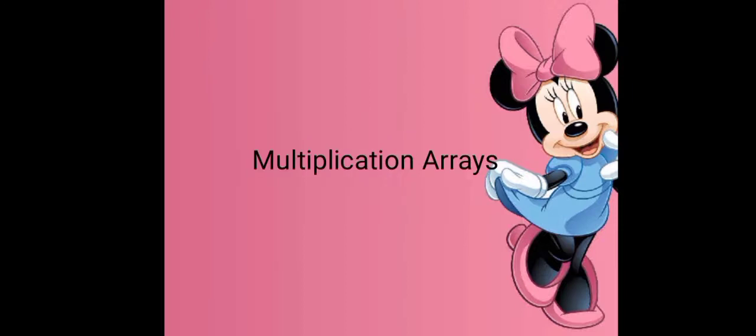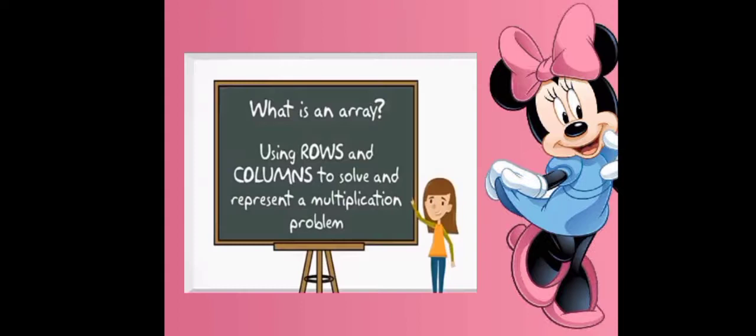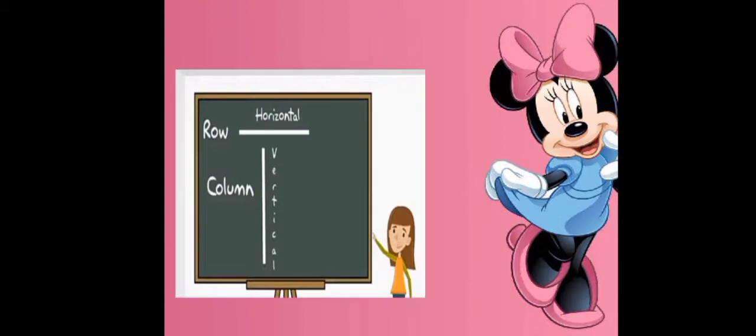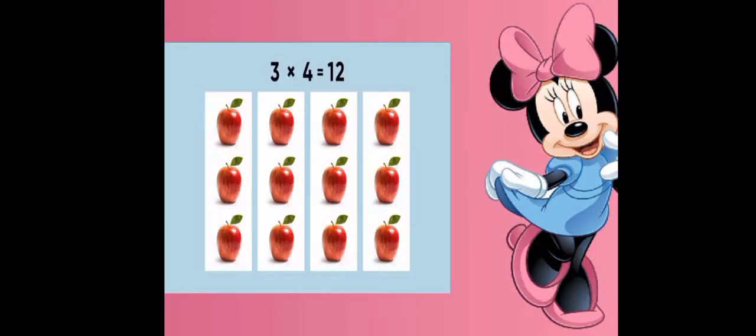For today's lesson, we will talk about multiplication arrays. So what is an array? Using rows and columns to solve and represent a multiplication problem. A row is the horizontal line, while a column is the vertical line. So I have here an example.